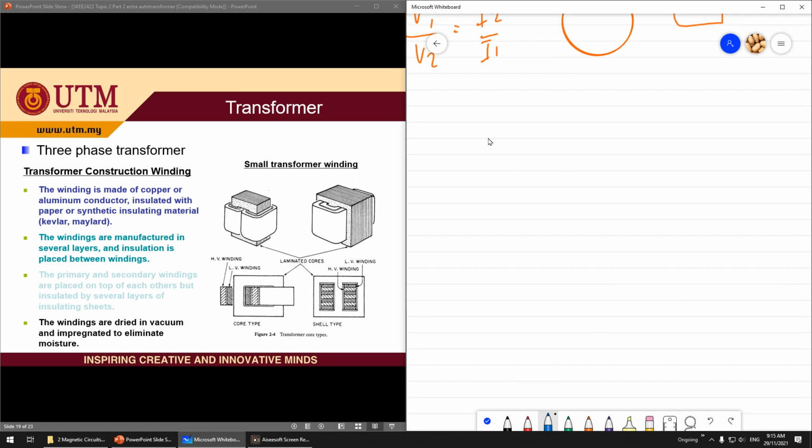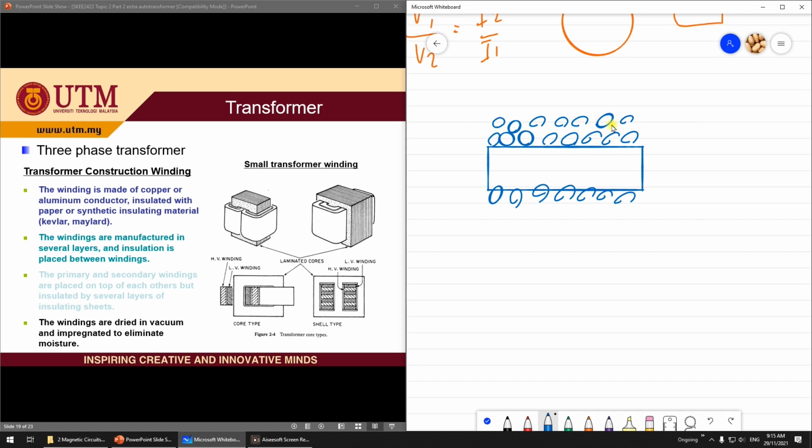Assume this is the cross section of the transformer. You do a winding here, you do a looping here, but sometimes the leg is not long enough, so you have to put a second layer.